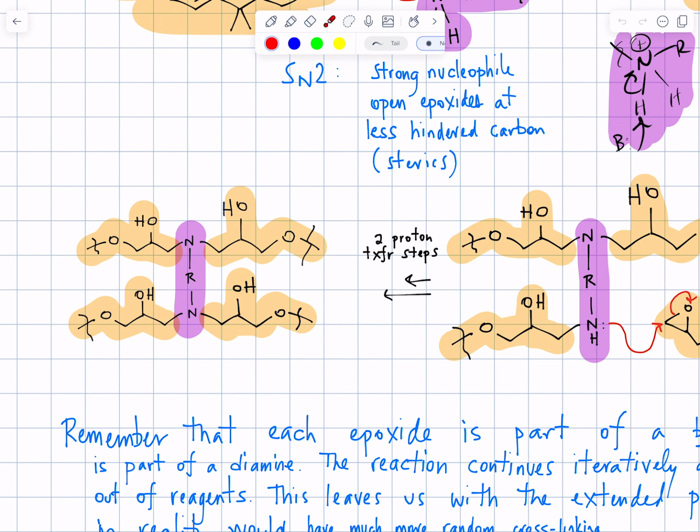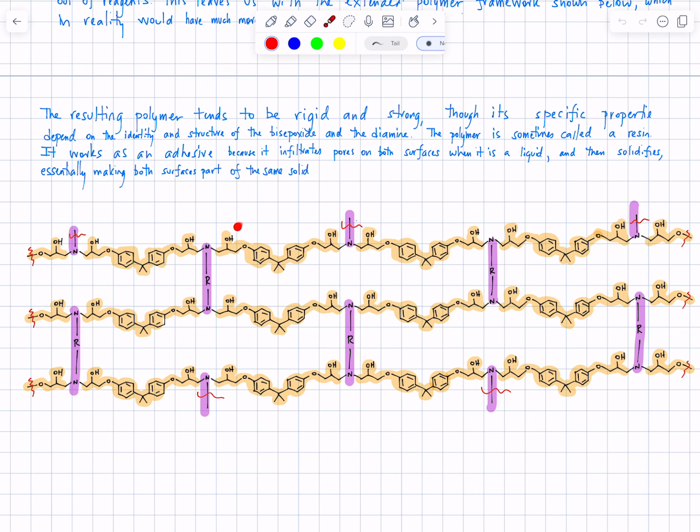And we can do this again, and again, and again, and again, until we have a rigid network. And that's too orderly. It should be way more messed up than that. But a rigid network of what used to be epoxides linked together by curing agents. And that reaction happens fast, but not so fast that you mix them together and it's still a liquid that you can apply to whatever and stick things together.